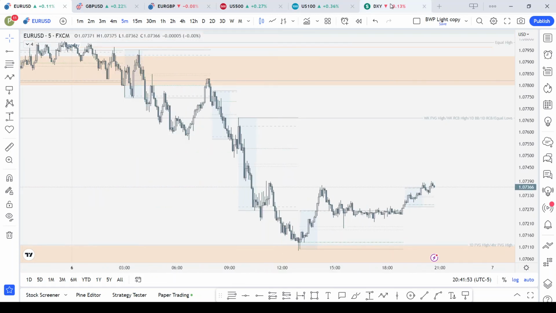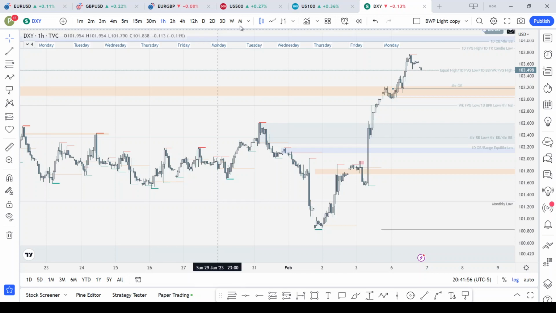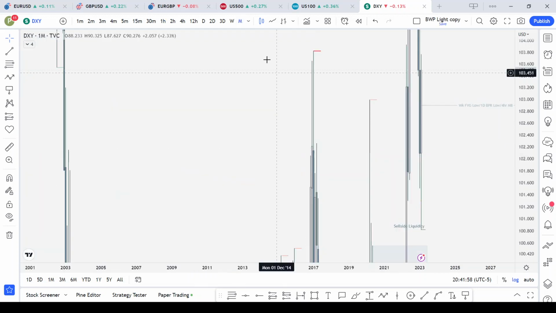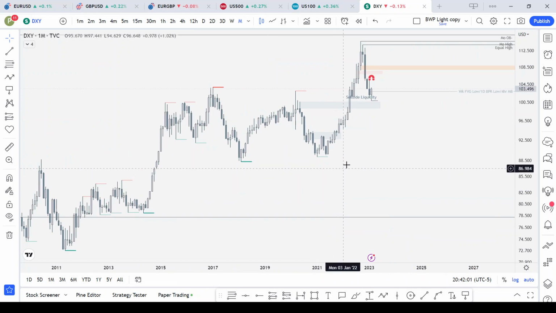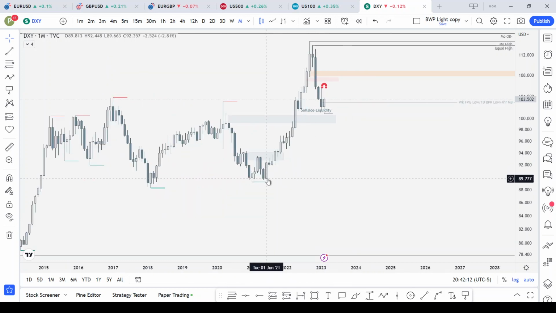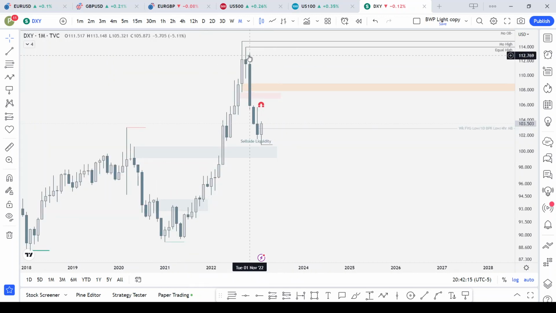So let's start with DXY on the monthly. DXY on the monthly time frame, we have this liquidity down here. That is sell side liquidity. The market is in a strong uptrend.